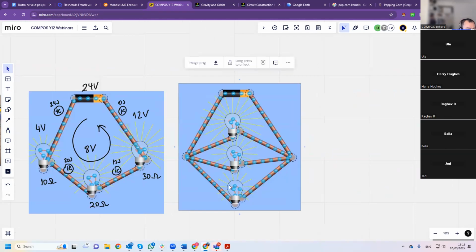Okay, so you can clearly see that the 30 ohm light bulb is now the least bright. The 20 ohm is the middle one, and the 10 ohm is the brightest.